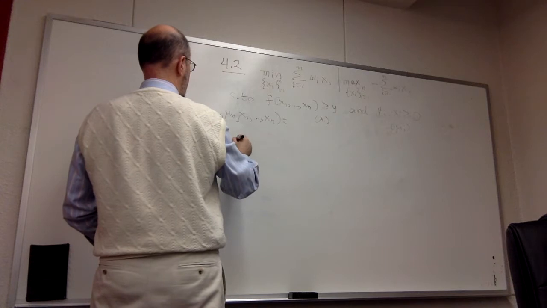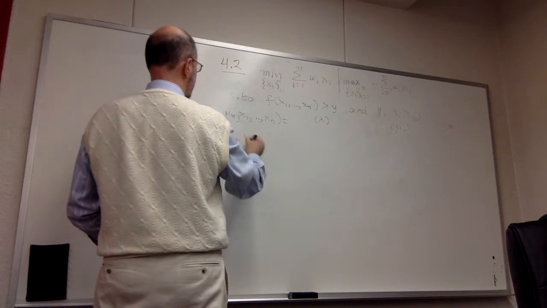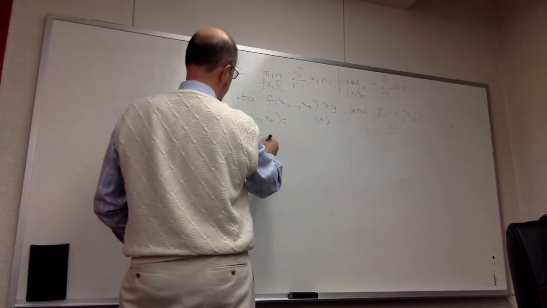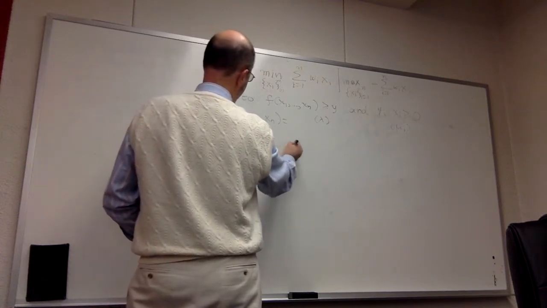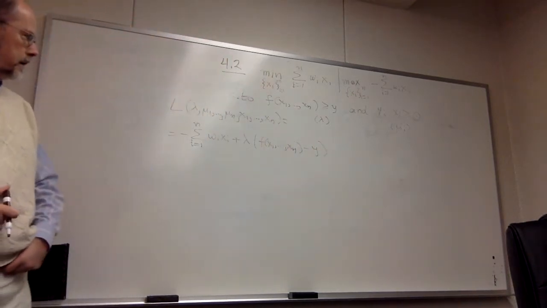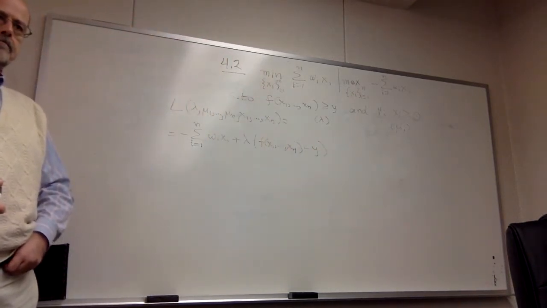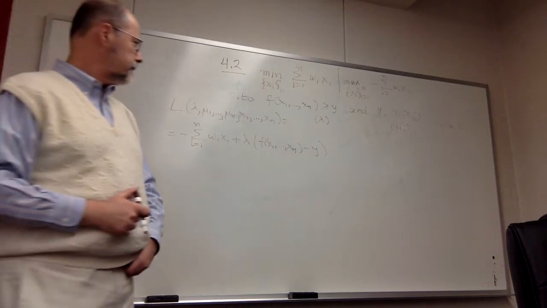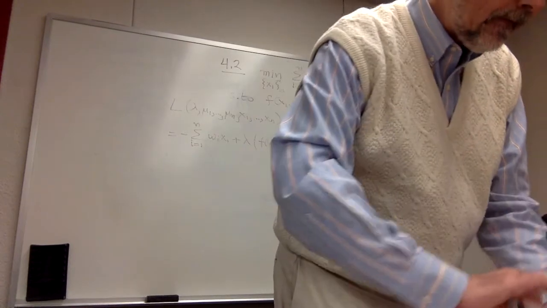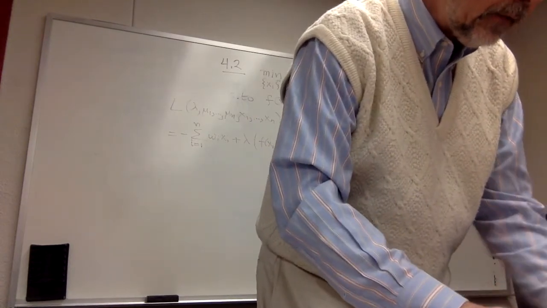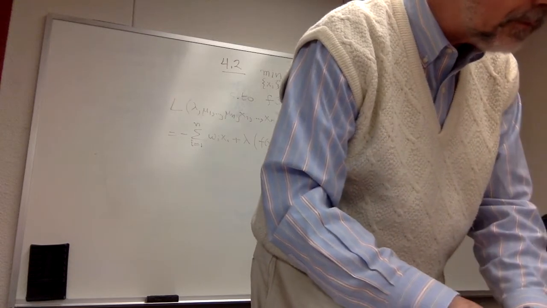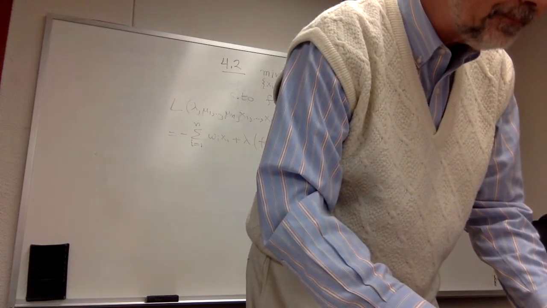So my preference is always to write like this, a plus, and then in here I'm going to write something that is non-negative. I believe the book, actually, let me see how he has it, because I don't want you to think I'm doing something different.